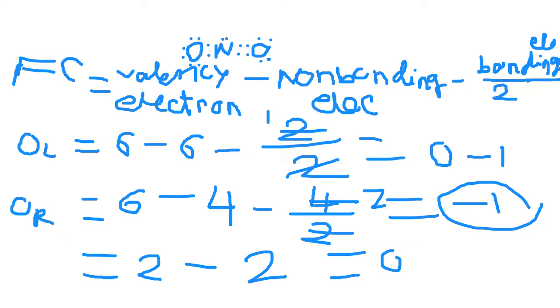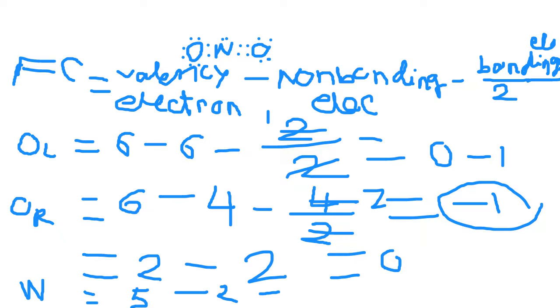Then for the nitrogen, the center atom: we know the nitrogen valency electron is 5. Here the non-bonding electron is 2, these two. And bonding electrons, how many? 6. Here is a 4, here is a 2.